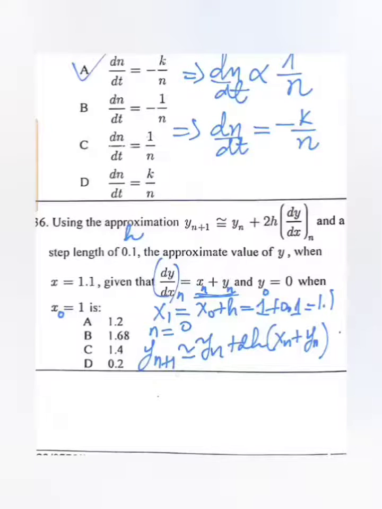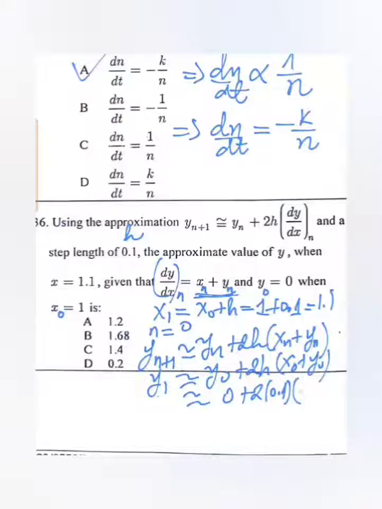Now when n is 0, I have y1 approximately equal to y0 plus 2h into x0 plus y0, and y0 is given as 0, plus 2 into h, which is 0.1, into x0, which is 1, plus y0, which is 0. All this gives us 0.2 into 1, which is approximately 0.2, and that corresponds to option D.